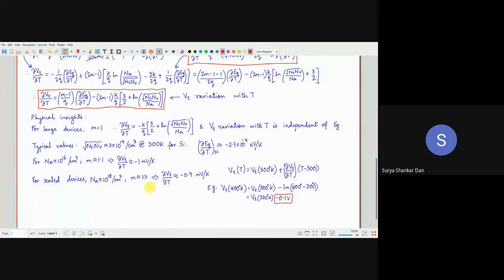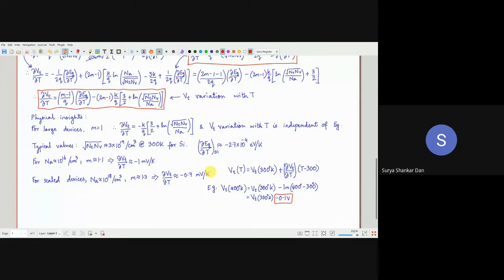Minus 1 millivolt. Okay. Very good. Now, for scaled devices, it turns out that Na is much larger, 10 power 18. Small m is then 1.3. Then del Vt del T is approximately equal to minus 0.7 millivolt per Kelvin.